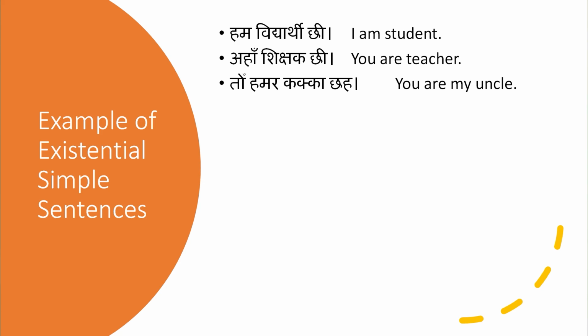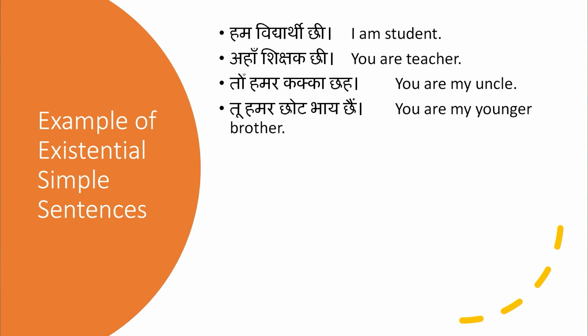Now, here to is second honorific, and now here you see we have used another word cha, which was not written in the previous slide, but cha is another existential verb that goes with second person mid honorific subject. Tu hamar chhot bhai chha.